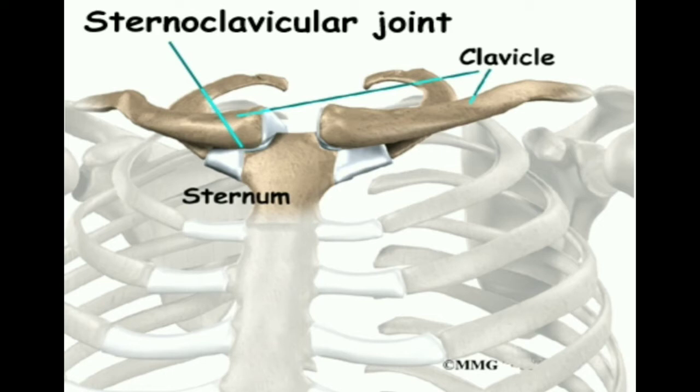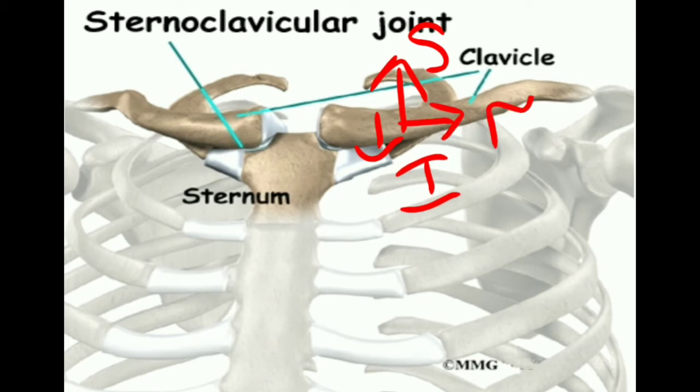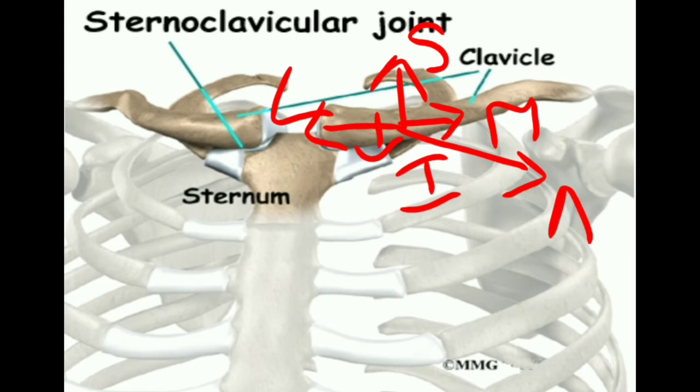Like this, this is superior translation, inferior translation, this is inferior translation, this one is medial translation, and this one is lateral translation, and this one is anterior translation, and this one is posterior translation.